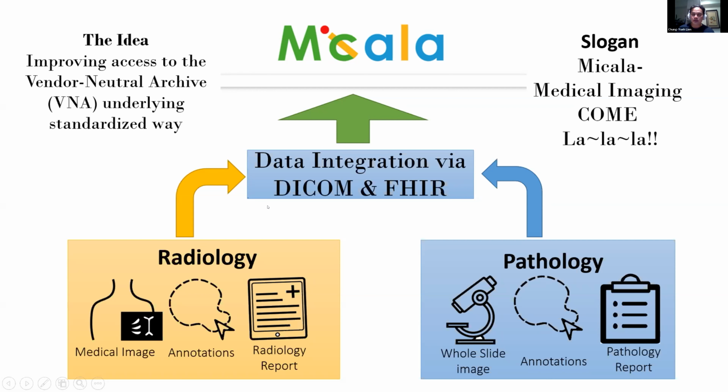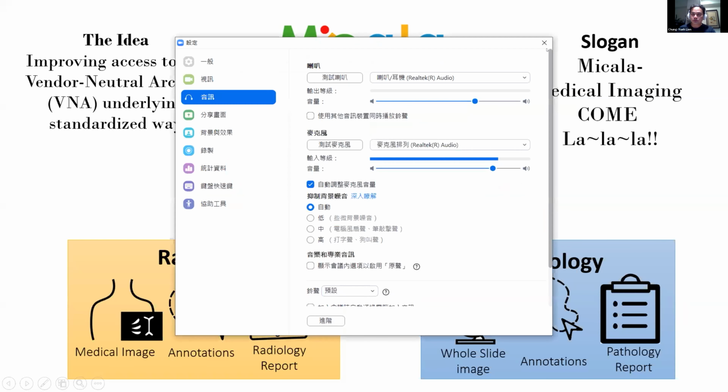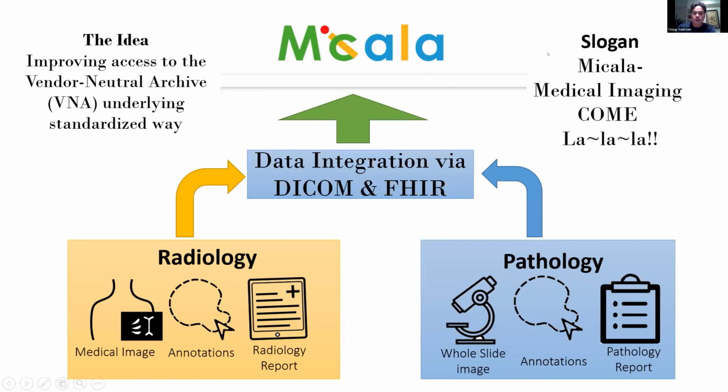But for pathology, it's very new, with whole slide images encoded as DICOM format as well, its annotation, and the pathology report. So we want to integrate those across two departments, so we can use the full text search engine that can type any text to find all of the data.